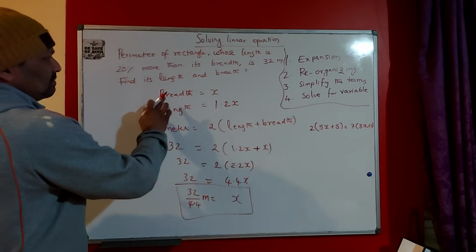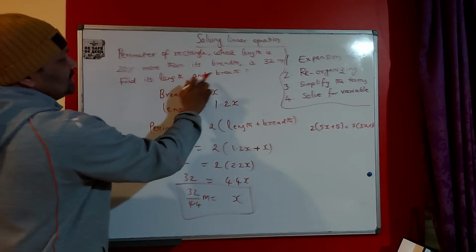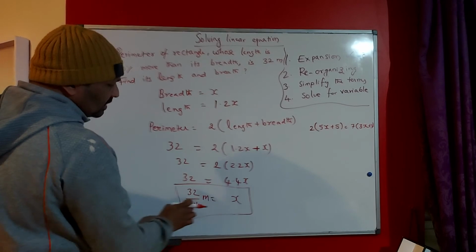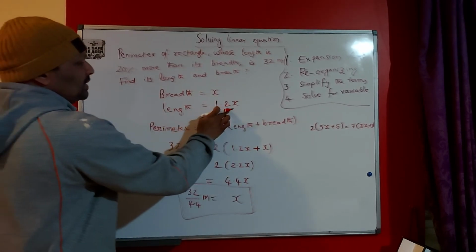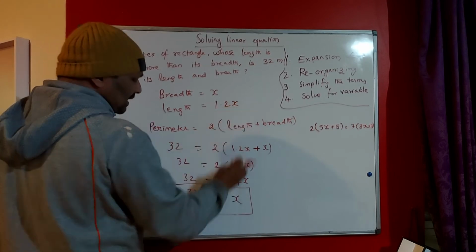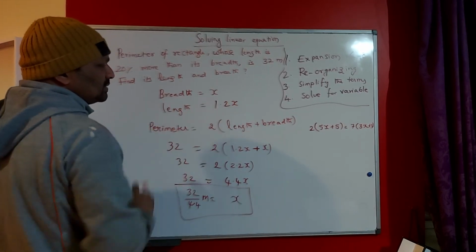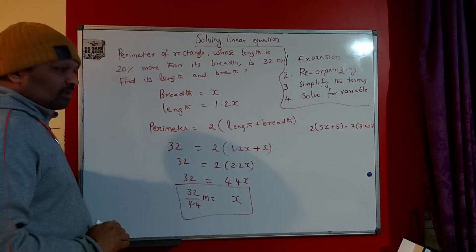That is breadth. But what is the question? Find its length and breadth. You found out the breadth and you also need to find out the length. What is length? Length is 1.2 into x. X is this much and you multiply this one with 1.2.